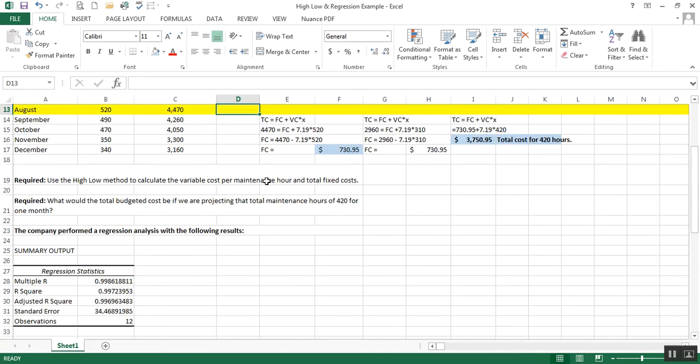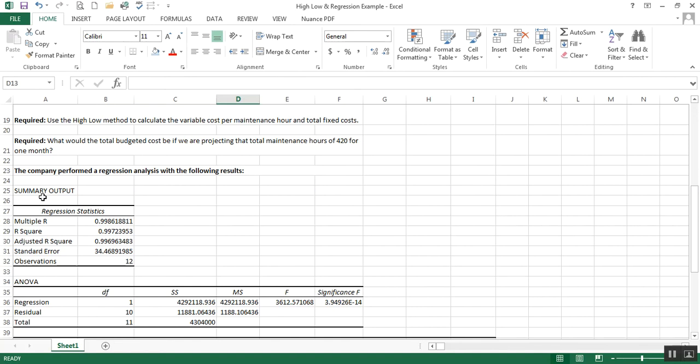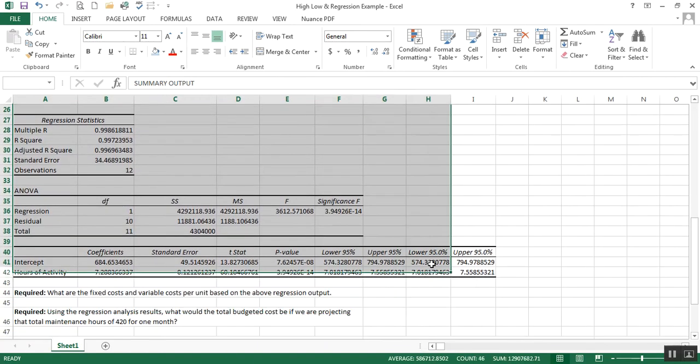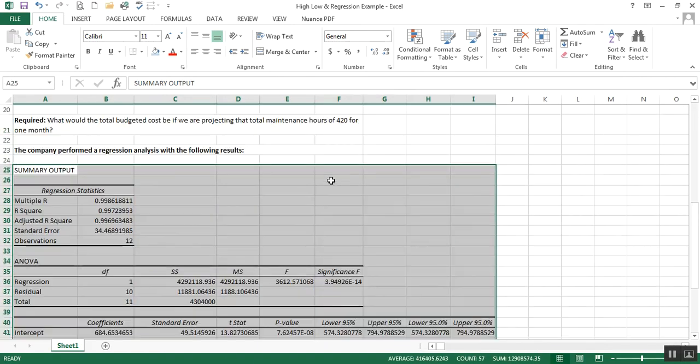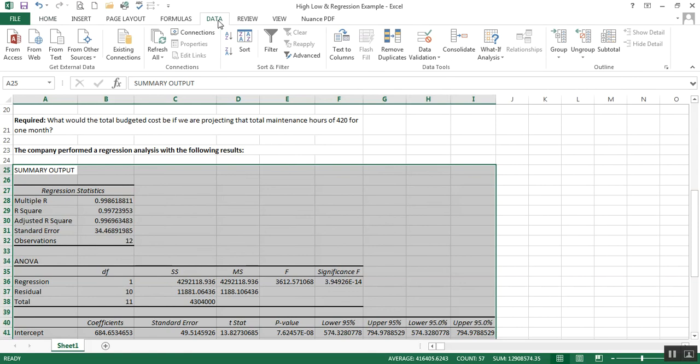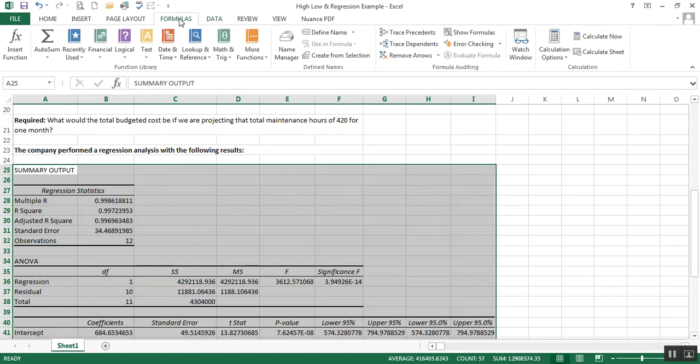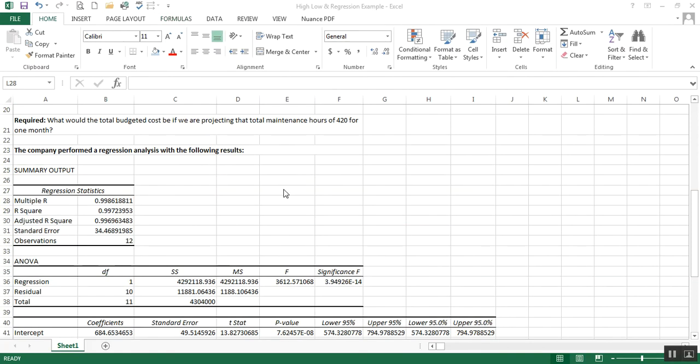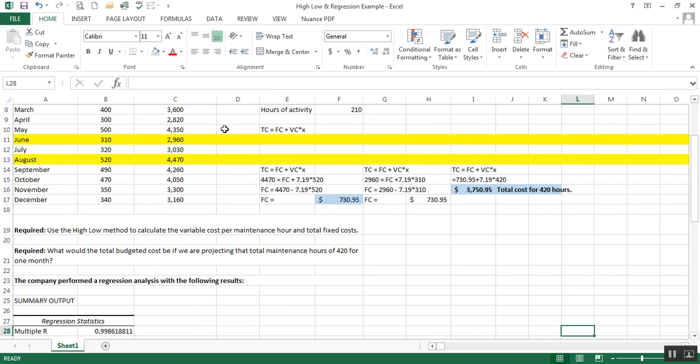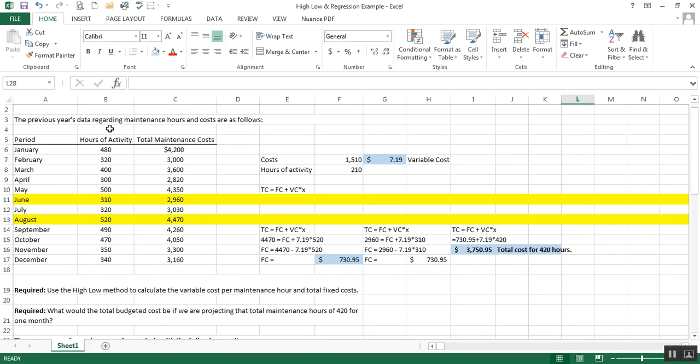Now let's look at a regression model. You'll see that I've already performed the regression analysis output, so I can show you what I did. Basically, you go to data. Well, you guys won't be asked to put together a regression model, but basically what it does is it looks at all the components of your X and Y axes.